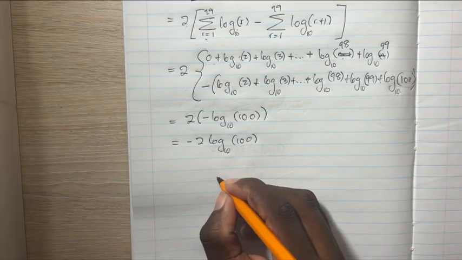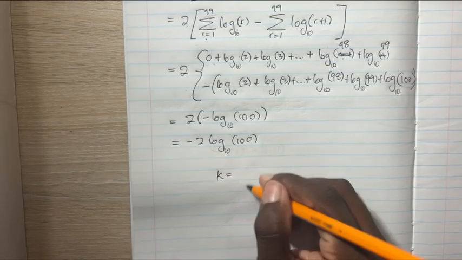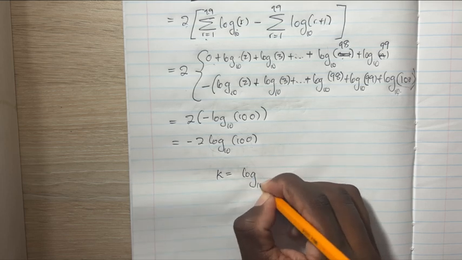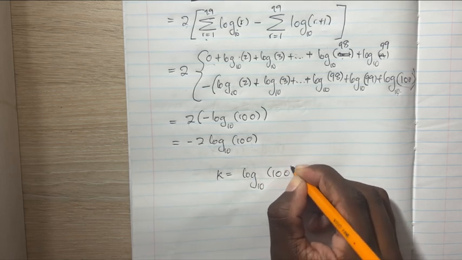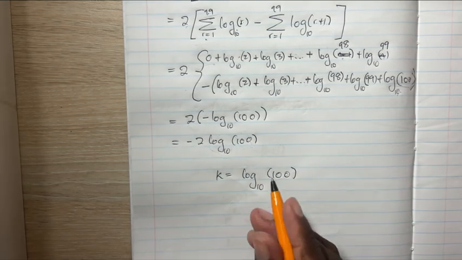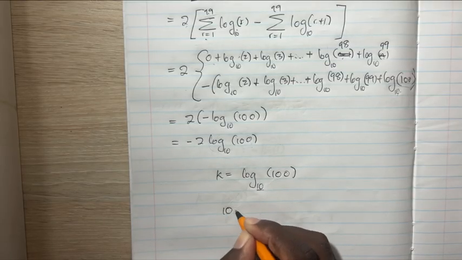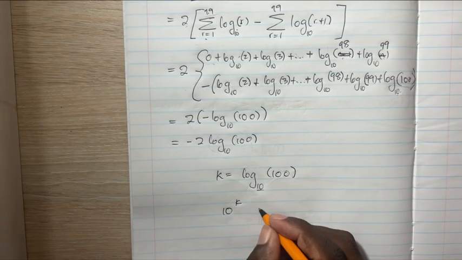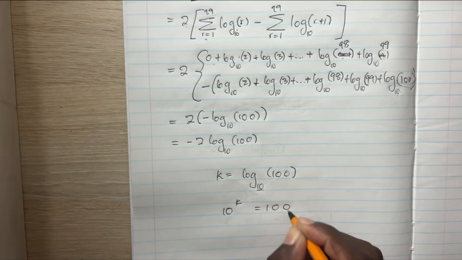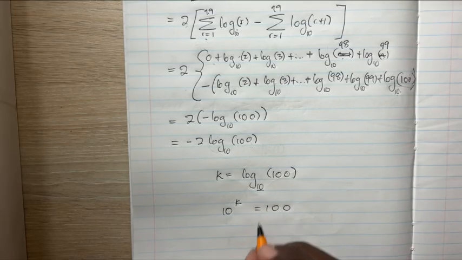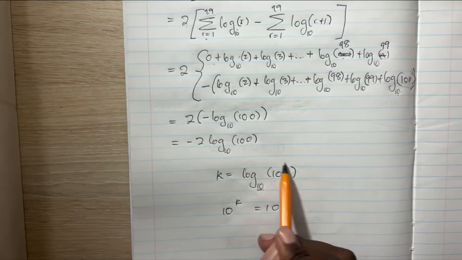So k equals log base 10 of 100. What is this saying? It's saying 10 to some exponent gives us 100. What is the exponent? That's what this question is asking.